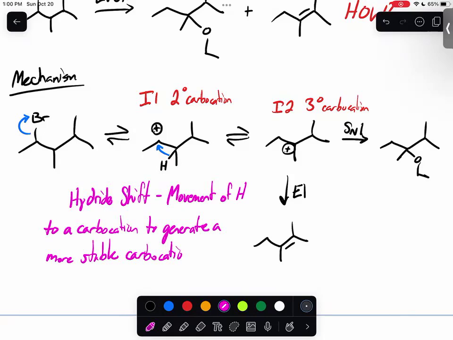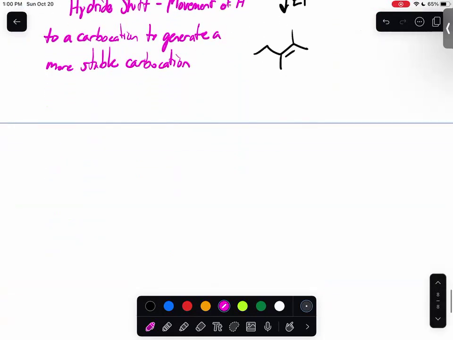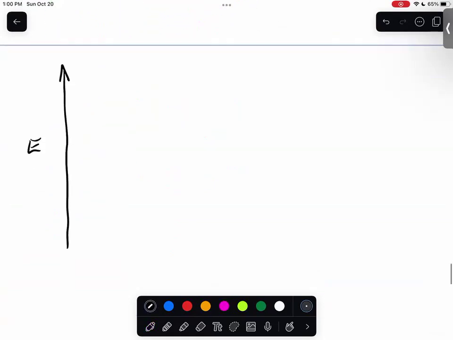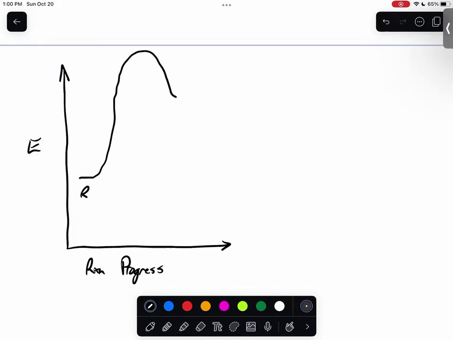All right. And so what this actually looks like in terms of energy is you can imagine in our energy diagram and our reaction progress, we won't draw out the whole thing, we'll just draw it through that hydride shift. If our reactants are here and we go up and we do our normal getting to intermediate one, remember this is our secondary carbocation.